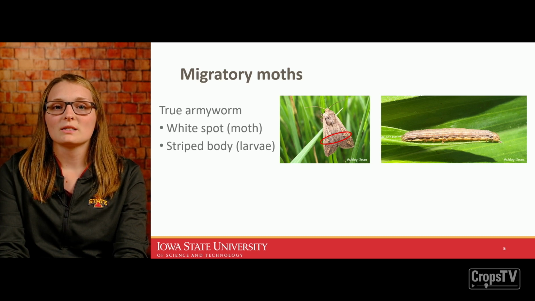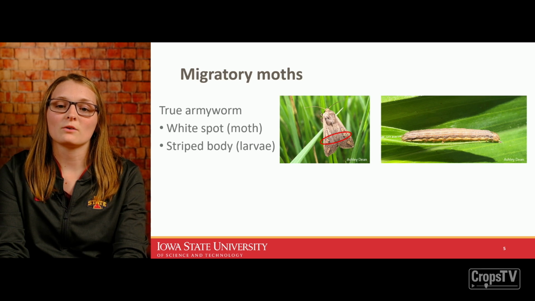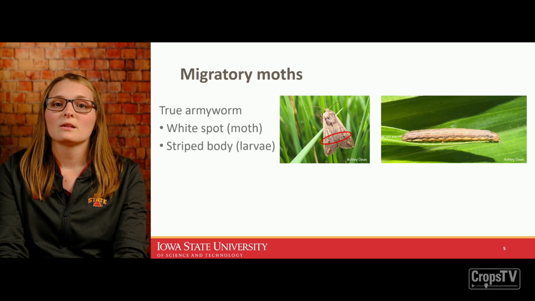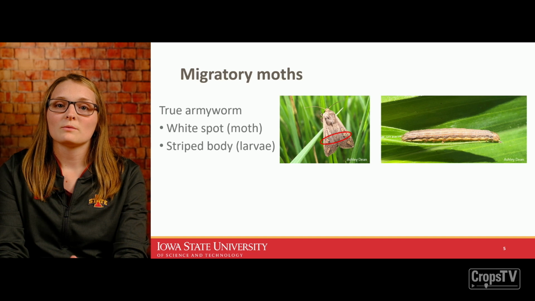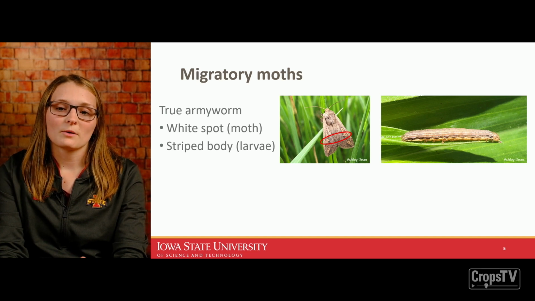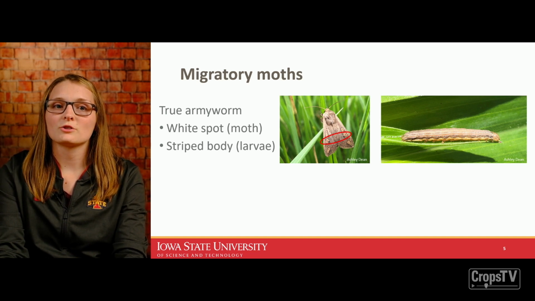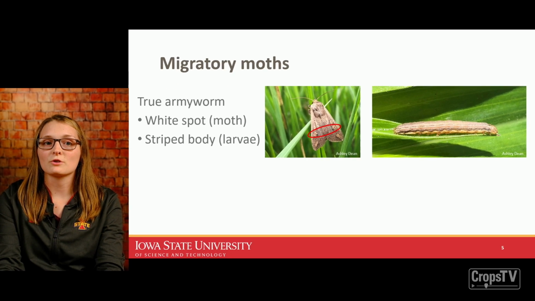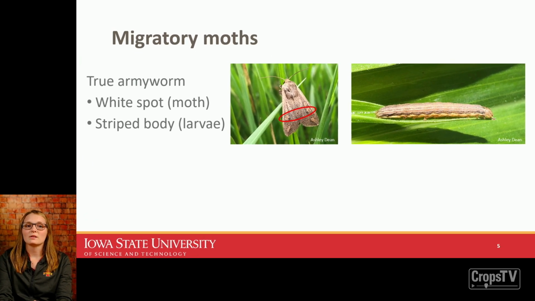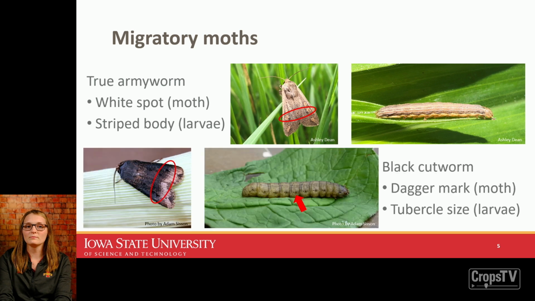The adult can be identified because it has a single white spot in the middle of each of its forewings. The larvae are a little more difficult to distinguish from other armyworm larvae because they're all generally striped. They have these striped bodies, but the true armyworm doesn't have a rough appearance like some of the other armyworms do.